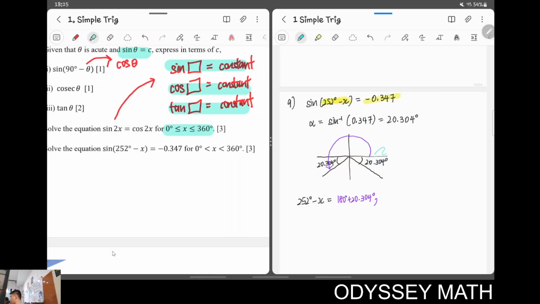I'm not doing my way of doing, which is observe quickly and write down the answer without the need to reject. So I'm doing the student way: 360 degrees minus 20.304 degrees. Oh, by the way, for the students who are comfortable with my initial way of doing it, that is you observe and you get the angles without rejecting them, please go ahead.